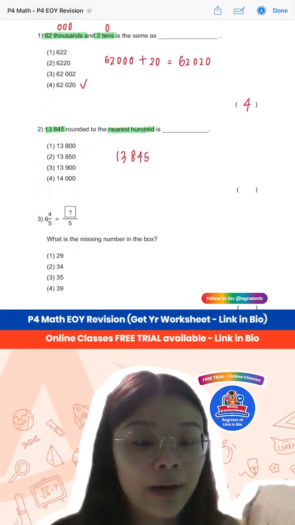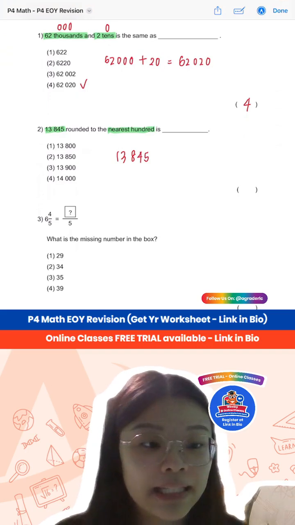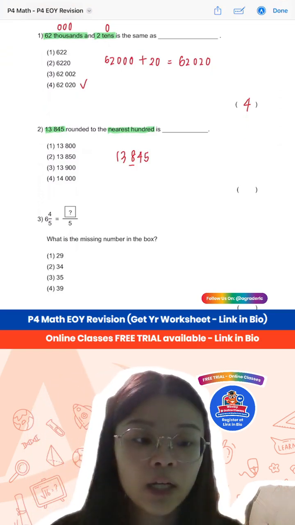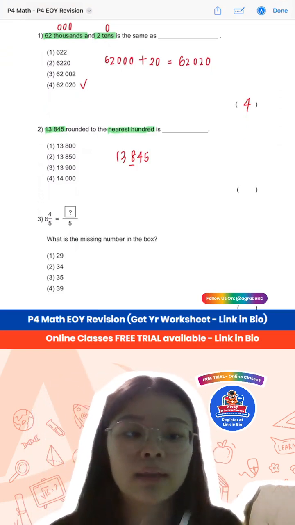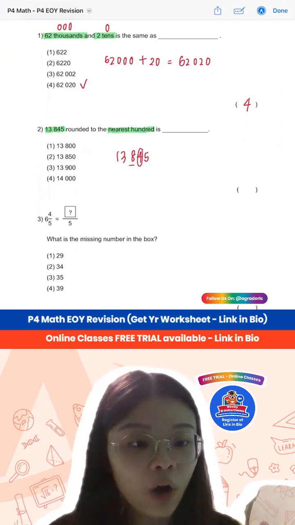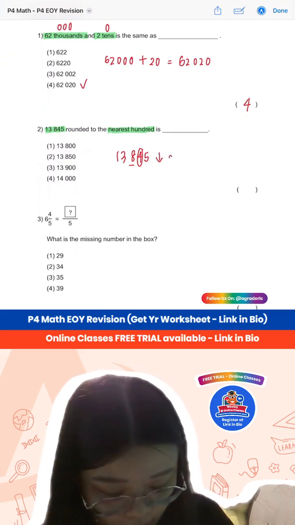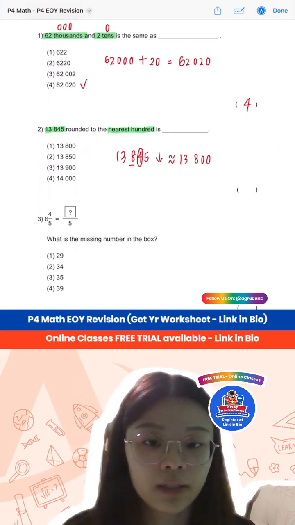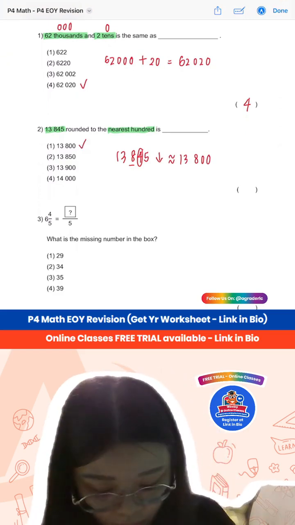So we look at our hundreds place. Our hundreds place is number 8, so we can draw a line to show it's number 8. Which number should we look at? We look at the following number, which is 4. Since it's 4, we round down. So 13,800. The answer will be option 1.